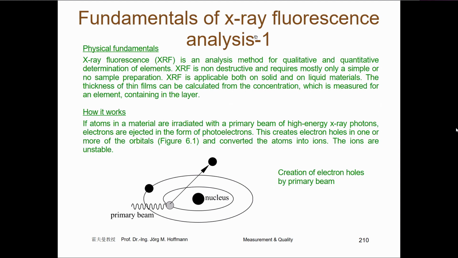The X-ray fluorescence analysis is a very often used principle, especially when you would like to check the quality of surfaces. How much gold is on the surface of a switch or of another contact also.